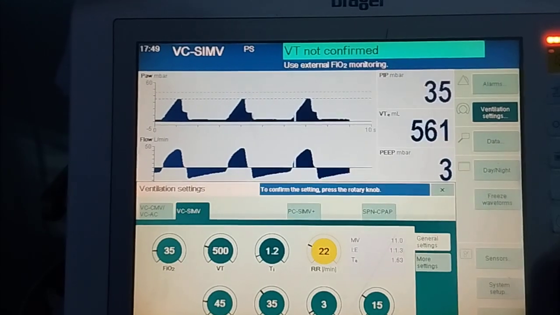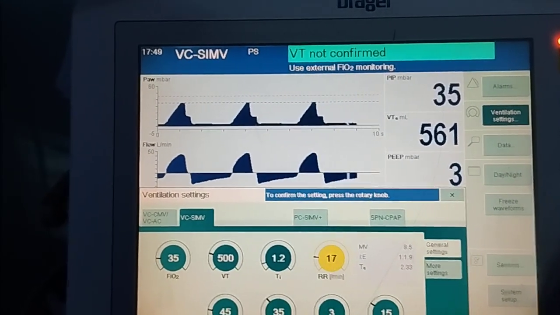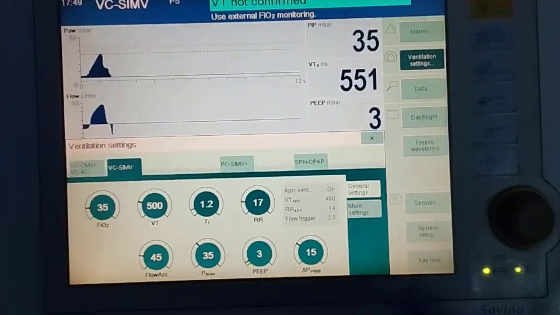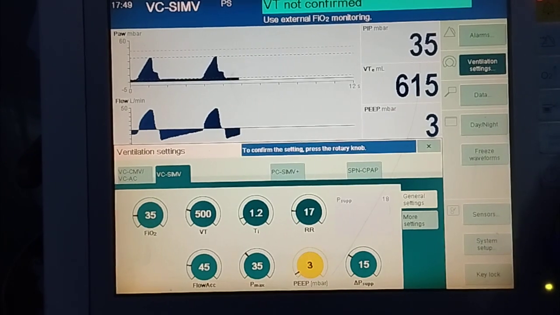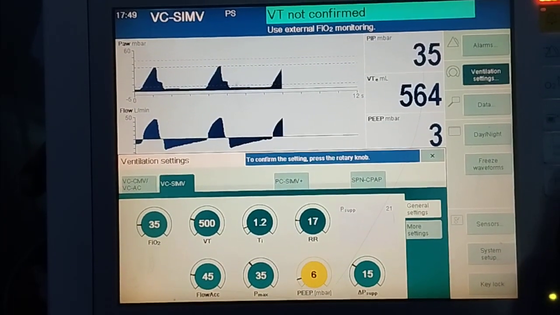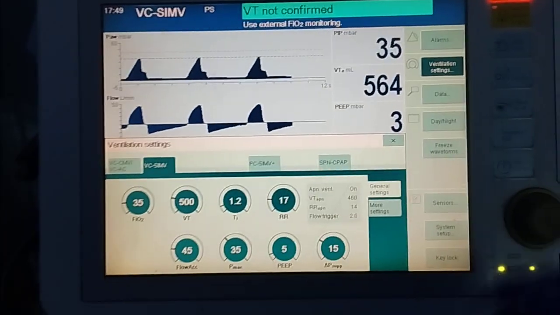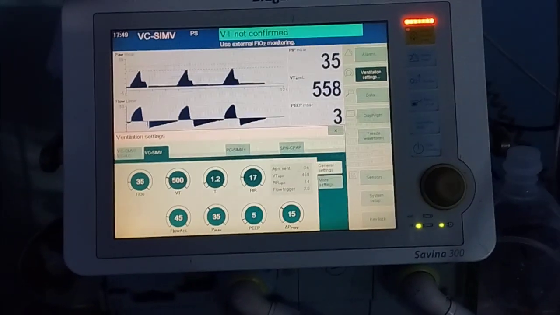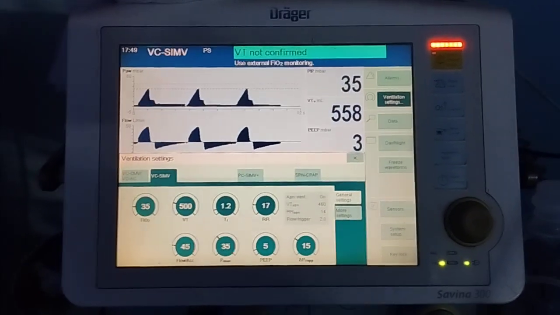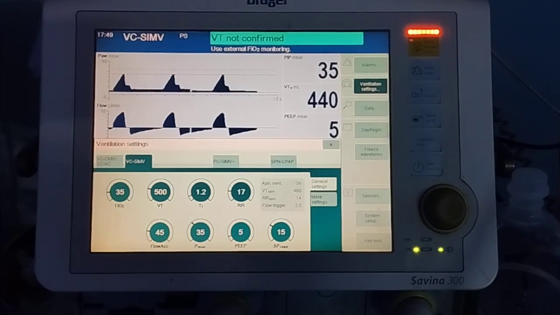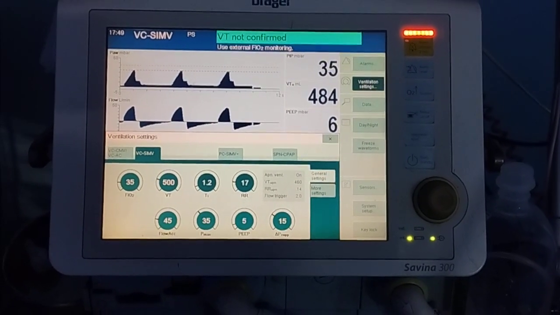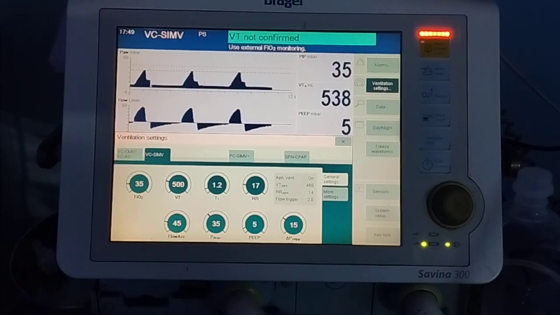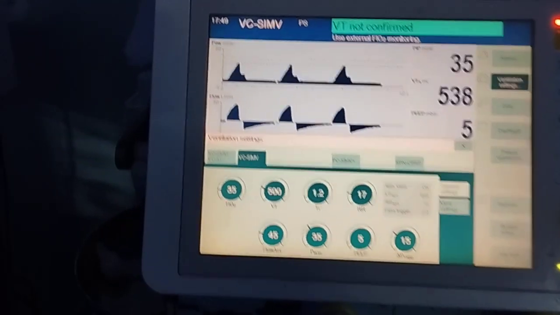Respiratory rate was around 17, so I have to press the knob, and then my PEEP was 5. So that's how you can use a ventilator in ICU, even if you are not a resident of anesthesia or whatever. So in medical ICUs or in emergency ventilators, we are the ones who have to do these settings, so we are supposed to know.